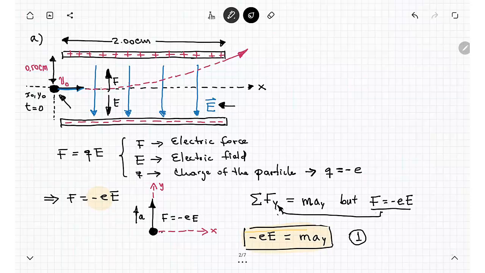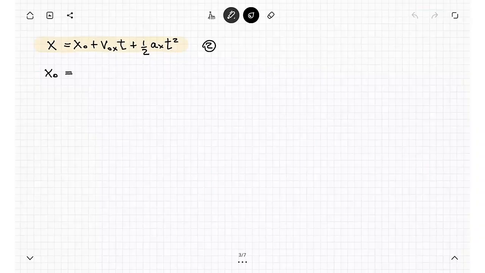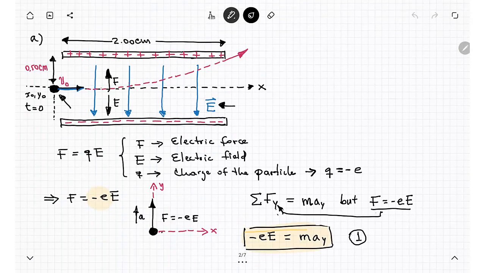So at time t equals 0, the position of the particle is x0 equals 0 and y0 equals 0. That's the origin of the coordinates of the system. So we have here x0 equals 0. We also have x, the total displacement along the x-axis right here, but we already know, so the problem is giving this information to us.